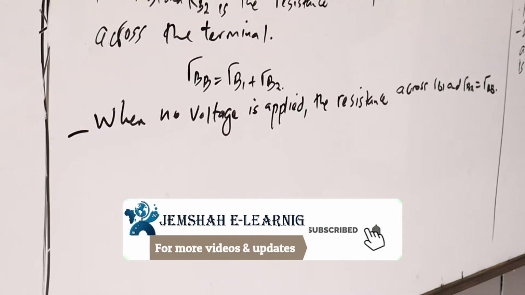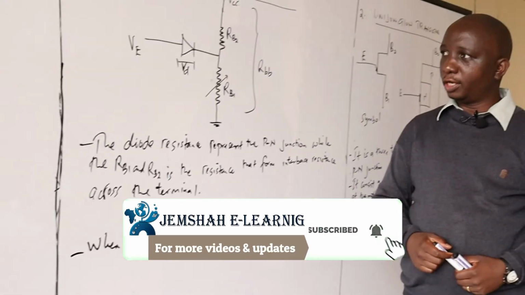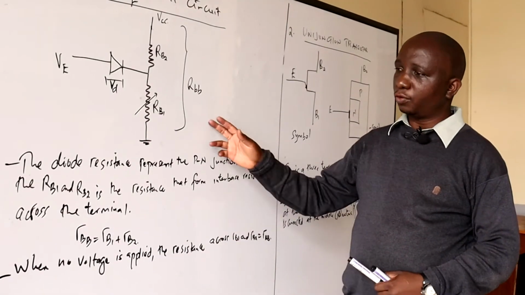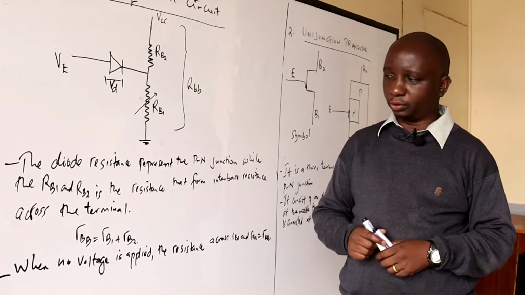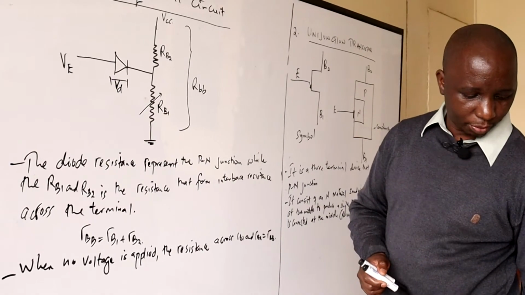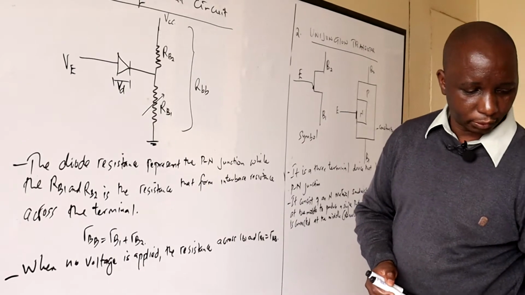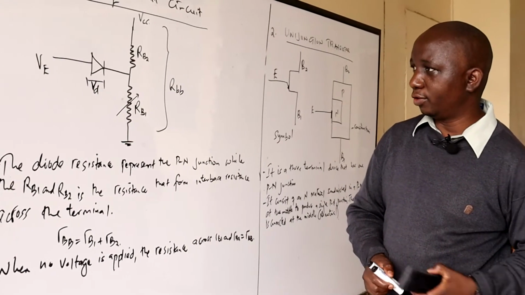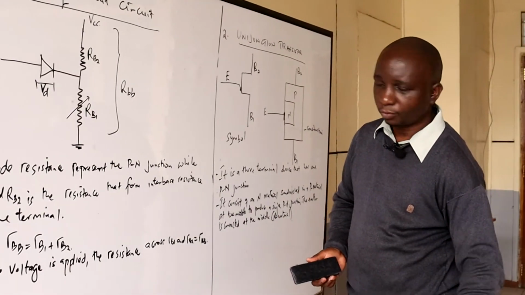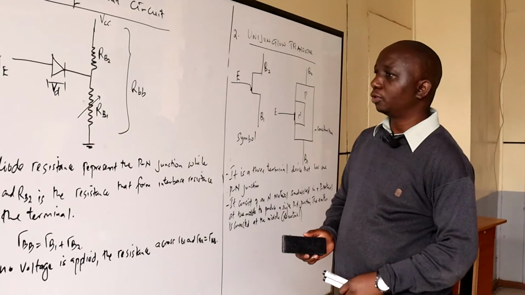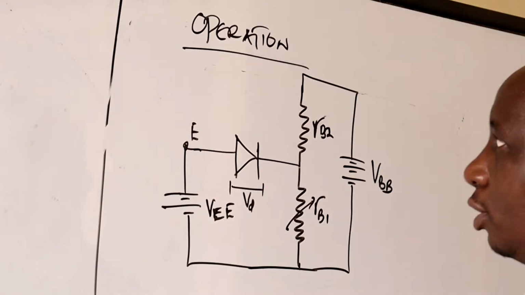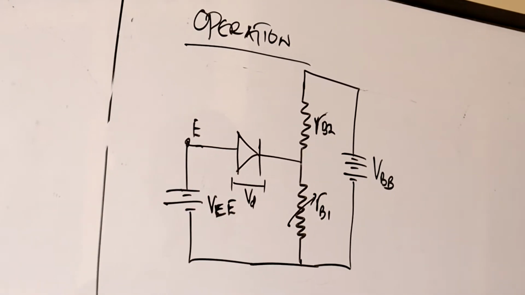For us to make the UJT conduct, we need to connect some voltage and have some condition for it to operate. So we are going to look at the operation of this, so that we are aware of how the device operates and can use it effectively. We're going to have another diagram to explain the operation. This is the circuit that you can use.